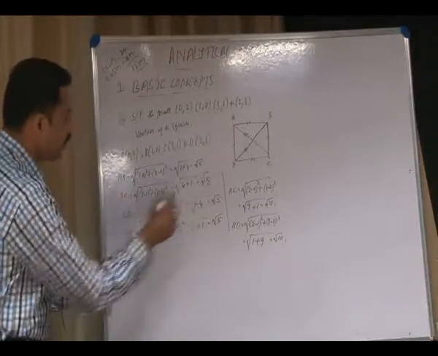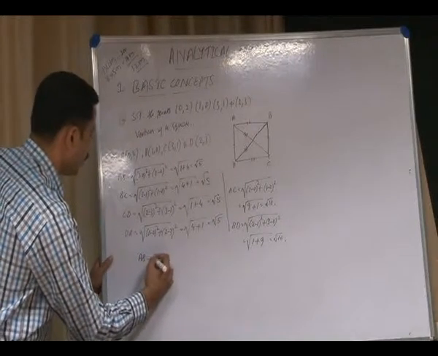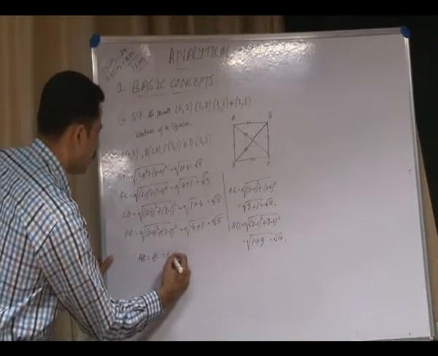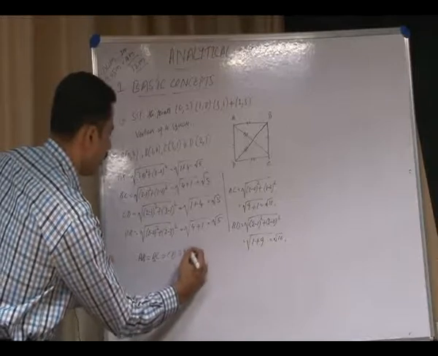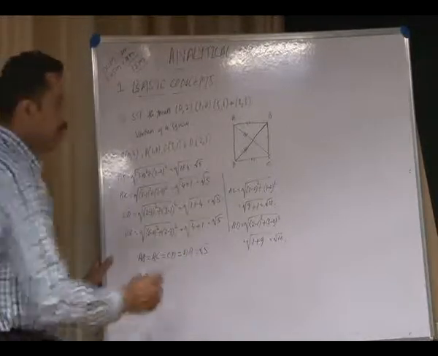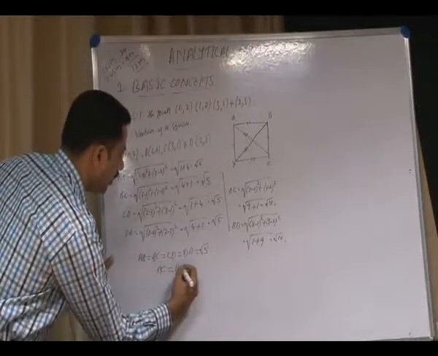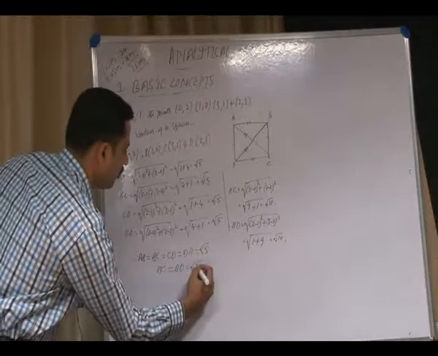all sides are equal and diagonals are also equal, that is AB equals BC equals CD equals DA, which is equal to root 5, all sides are equal, and the diagonals AC equals BD, that is the square root of 10.